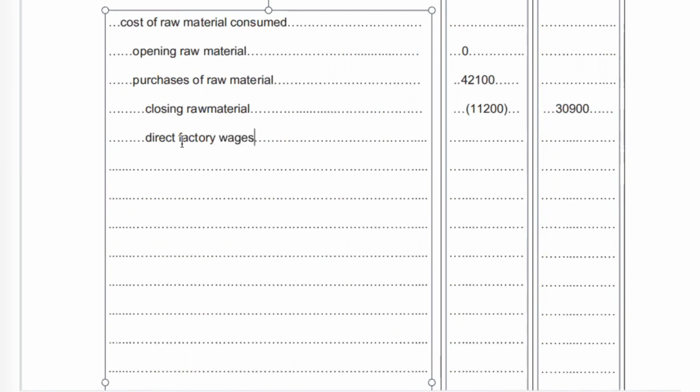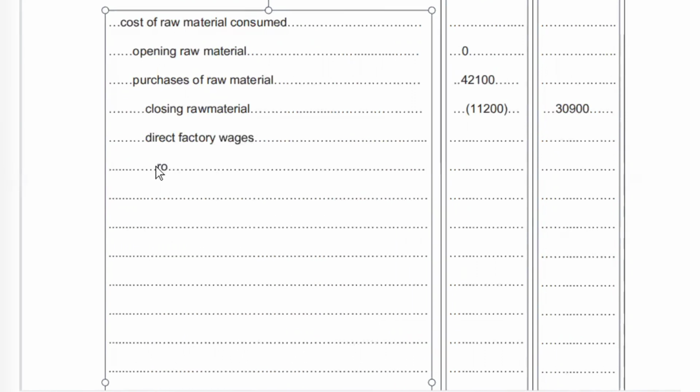We have direct factory wages. We have royalties. These costs add up to make the prime cost.